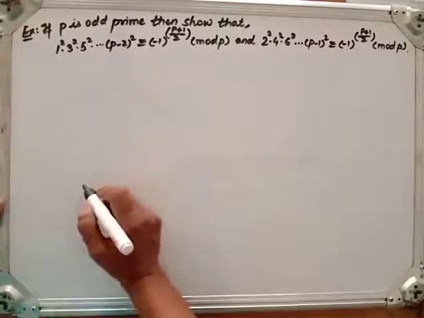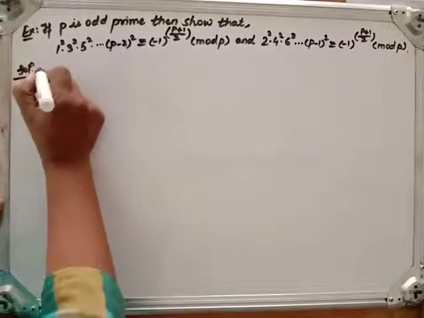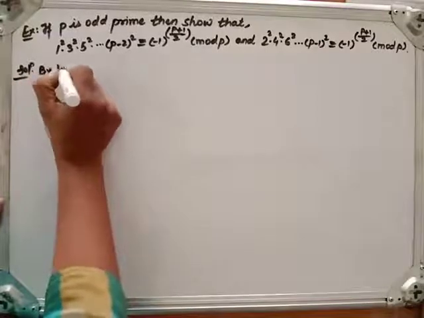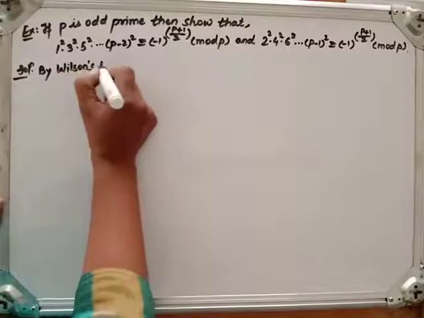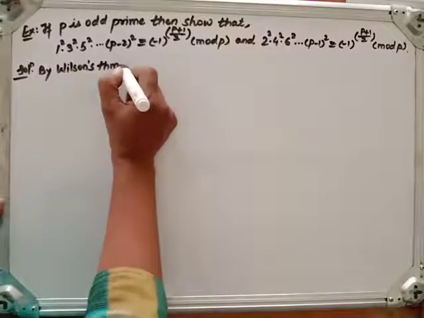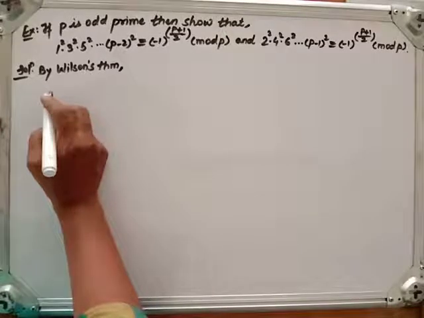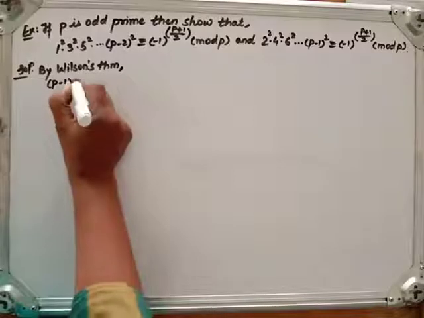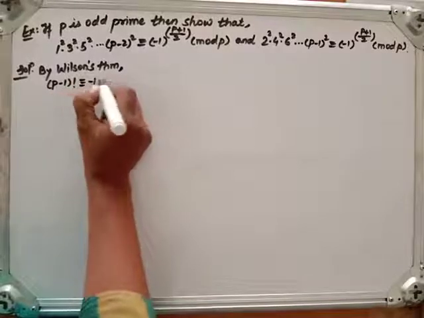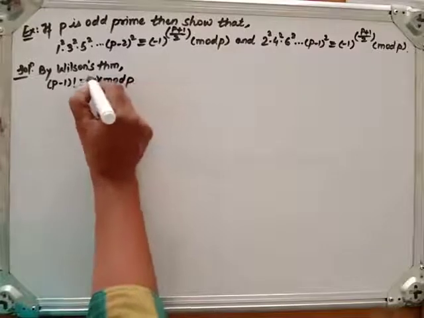Okay, so now the solution. By Wilson's theorem, what can we say? Here, (p minus 1) factorial is congruent to minus 1 modulo p. This is by Wilson's theorem.